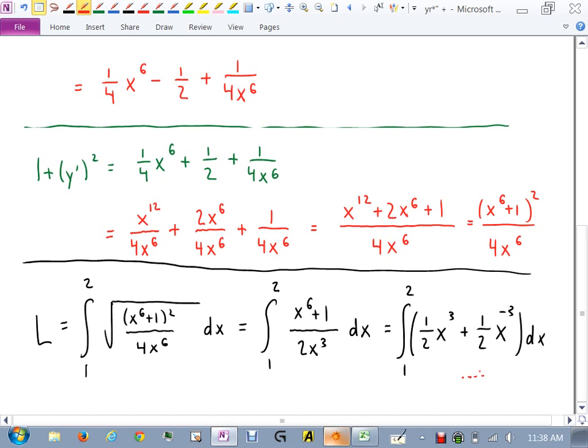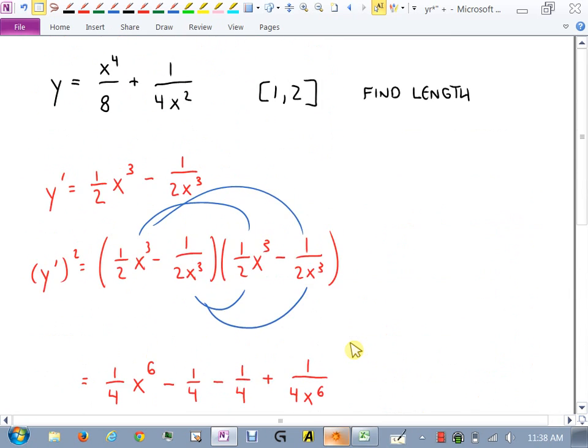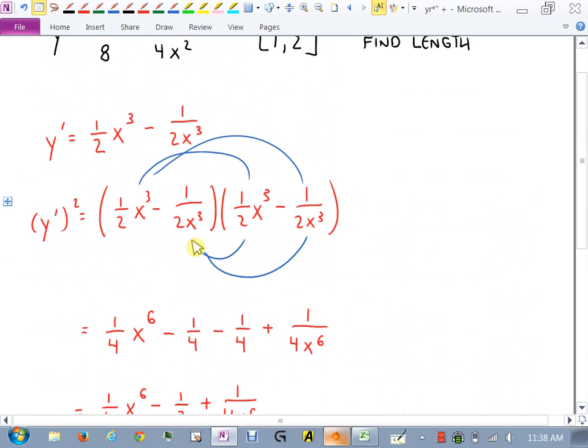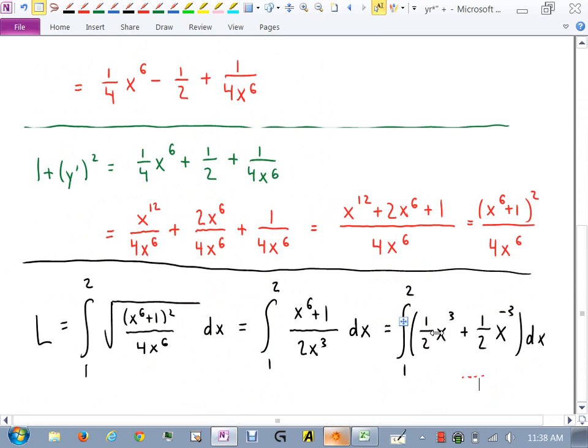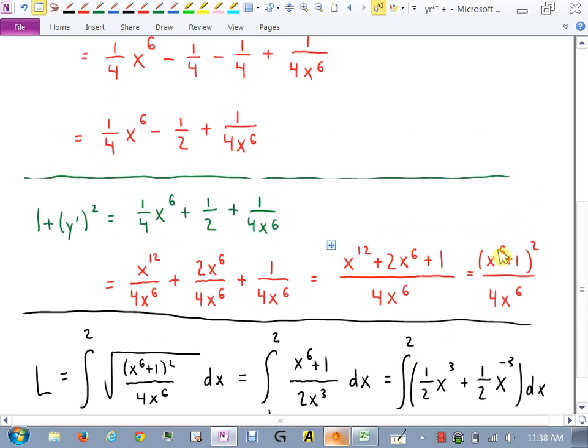When I give you a problem like this on the test, when you get to this, if I say, just set it up, I don't mean putting this into the integral. You would have to take it at least all the way to a simple integration. Like at this point, it would be okay. You would have to do this part.